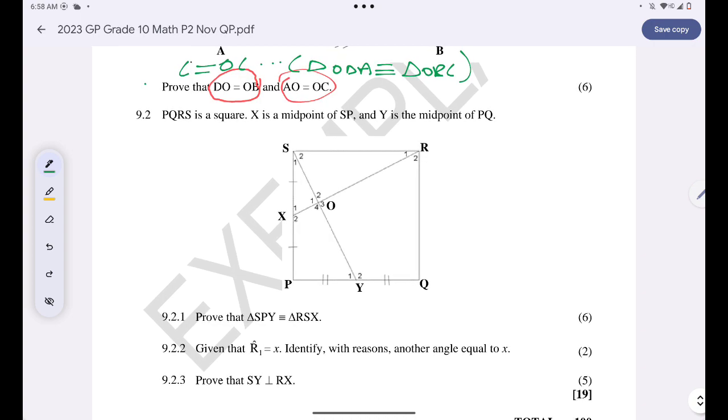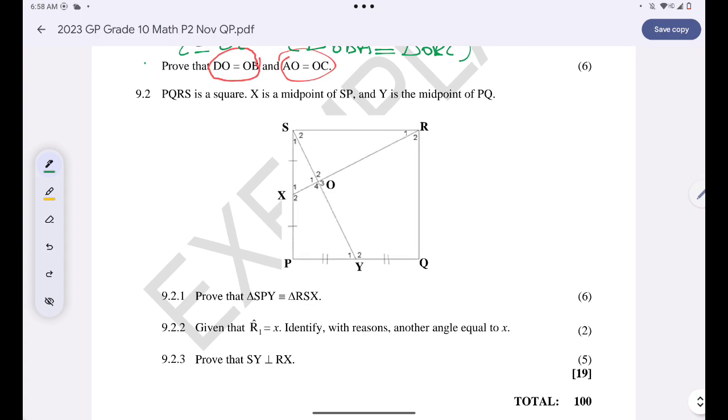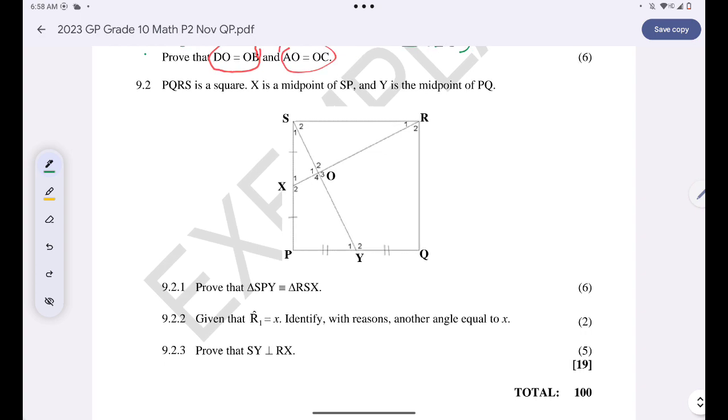9.2. I'm told that PQRS is a square. X is the midpoint of SP. And Y is the midpoint of PQ. I'm asked to prove that triangle SPY is similar to that triangle.